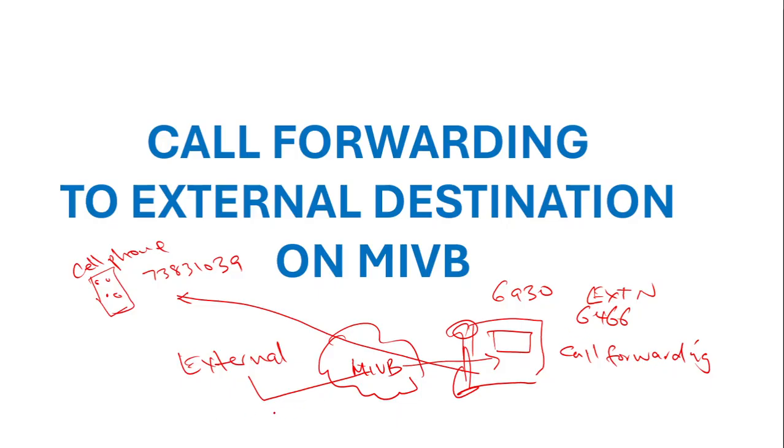If somebody from outside calls this extension, of course as a full number, it is going to come to this extension but find that the extension is call forwarded, and then it's going to make a U-turn and go and ring the cell phone. So let's go ahead and log on to MiVoice Business and do the configuration.